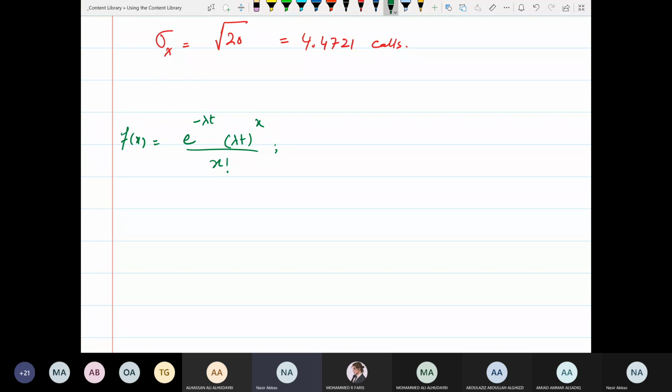Anyone who saw the formula sheet of midterm exam? Yes. It's in terms of lambda t. Yes, this is what is going to be given, for x equals 0, 1, 2, all the way. And the mean is lambda t. And the variance is lambda t also.